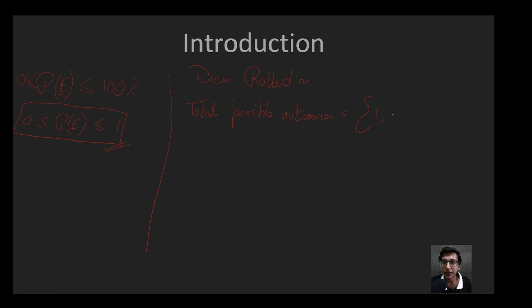I can either achieve 1, 2, 3, 4, 5 or 6. I can either get one of these numbers, and now my favorable outcomes depends on what has been asked in the event. So let's say if I say what is the probability of getting a 2 when a die is rolled? So you would say that the number of favorable outcomes is 1, which is 2. So your probability would be 1 by 6.